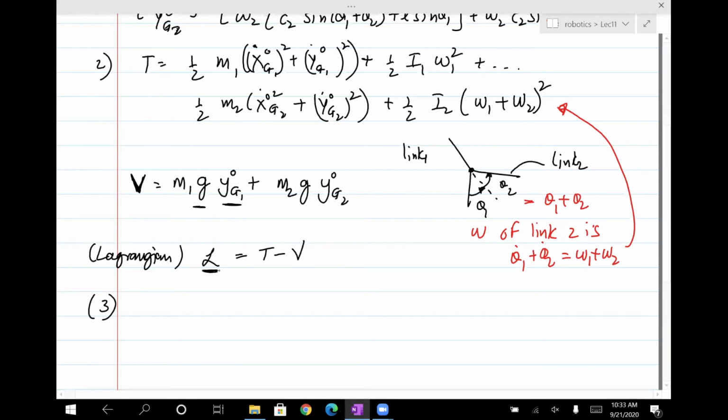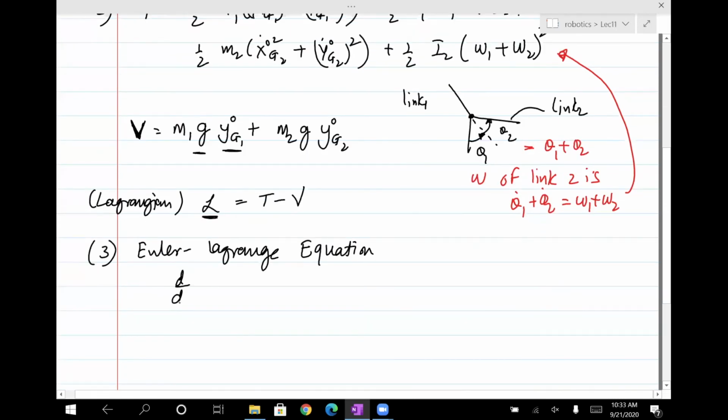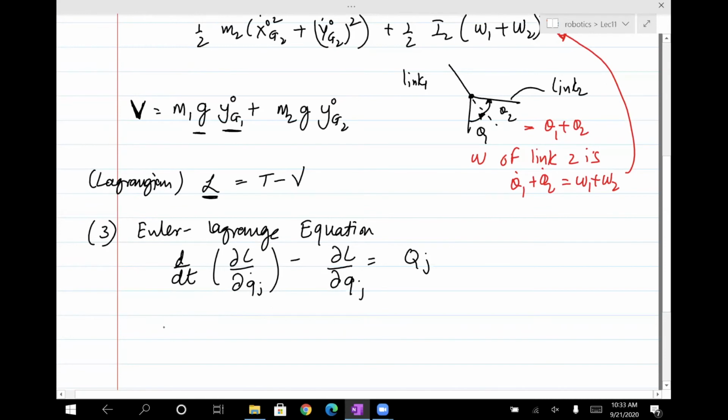Okay, so finally, the Euler-Lagrange equations, which are d/dt of dL/dq dot j minus dL/dq j equals Q j, where q equals theta 1 and theta 2.